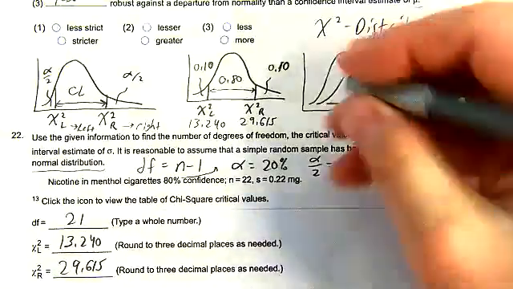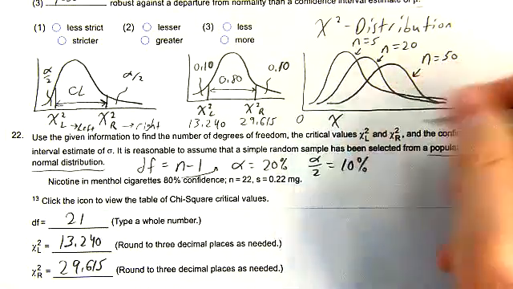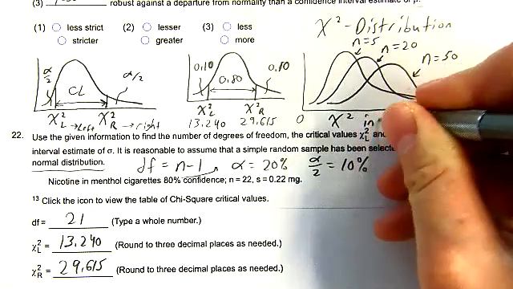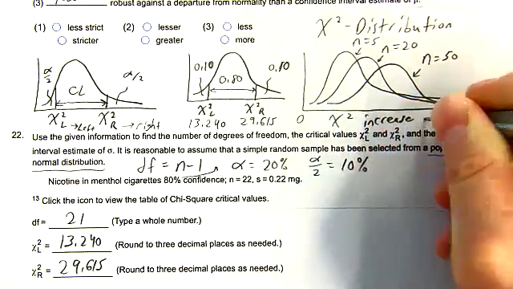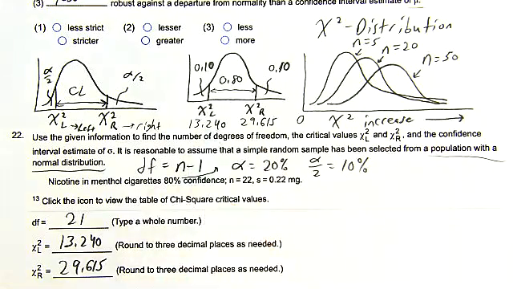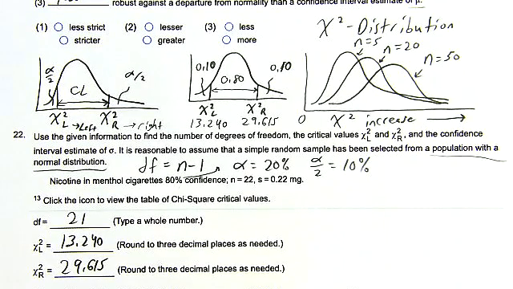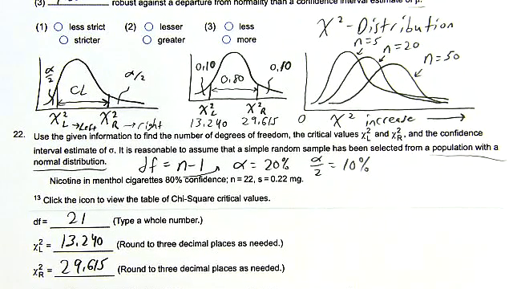This axis starts over here at 0, and then chi-squareds just increase as you go to the right. So chi-squared right, if we've done this correctly, should be bigger than chi-squared left. Okay, so that first part's hopefully easy. It's just a table lookup.